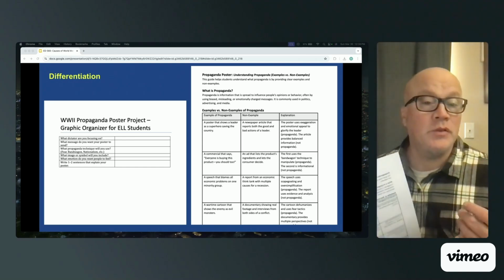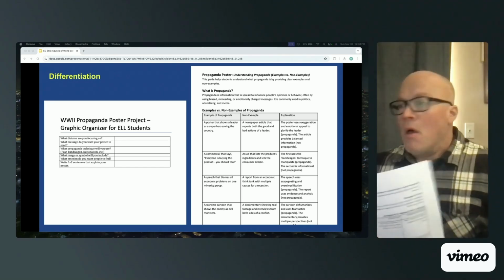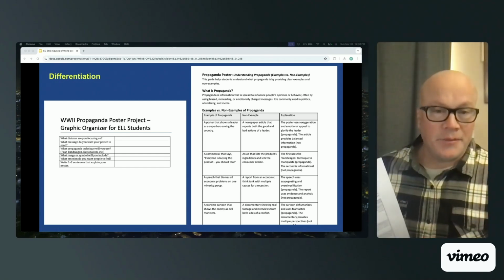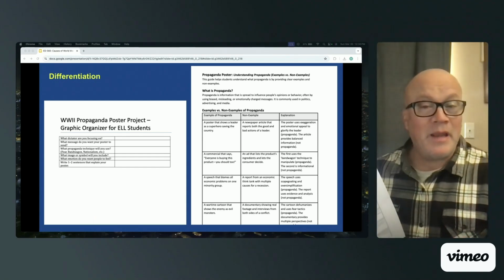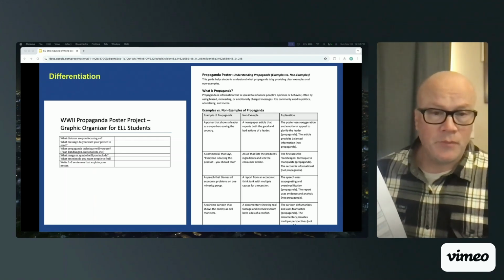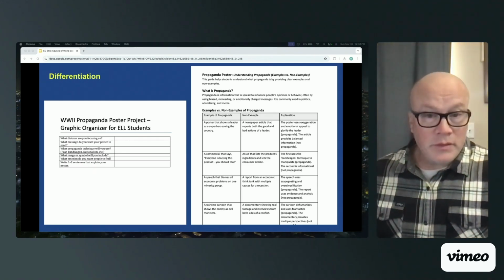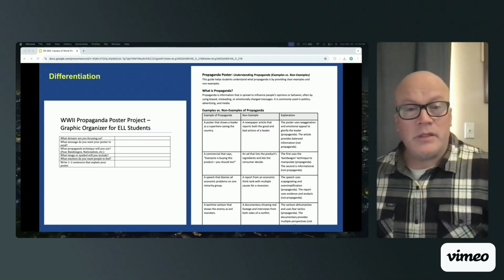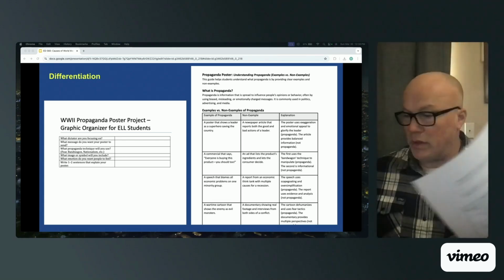The poster uses emotion and makes the leader look really like a hero. That's propaganda. And then you have the article that tells the truth with good and bad. So that's not propaganda. All right, so go ahead and read through these. All right, and we'll look at more examples together. But I will let you read through these.